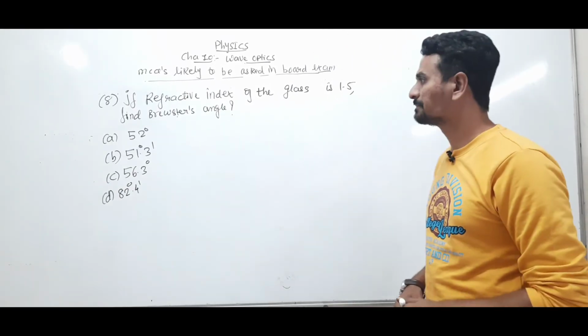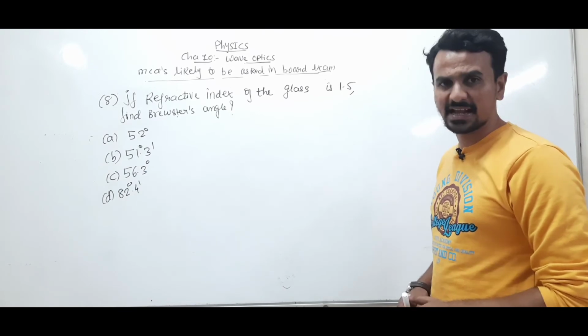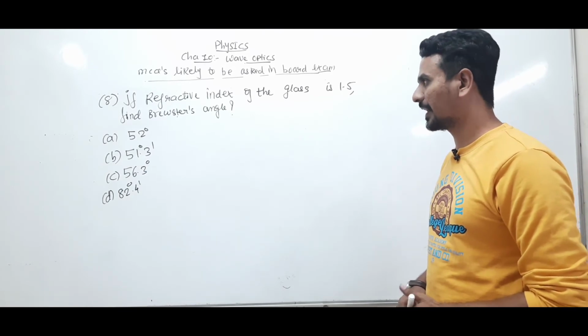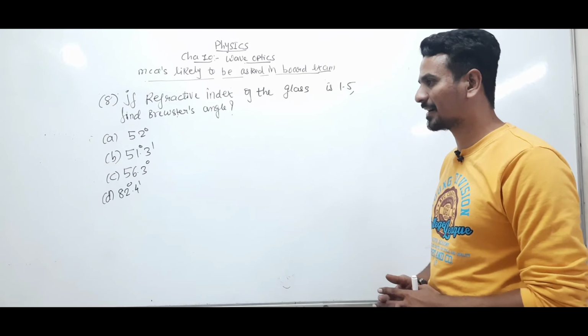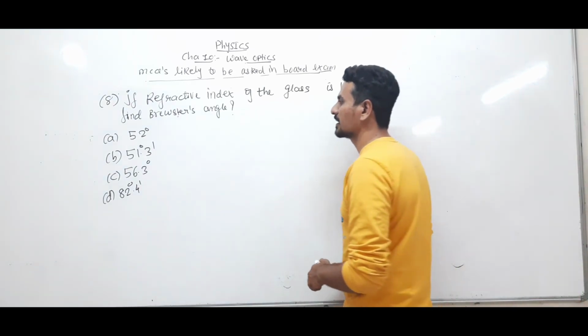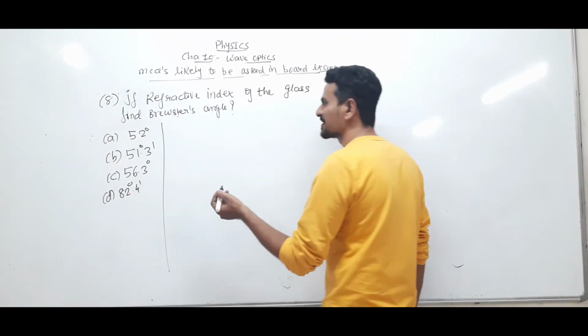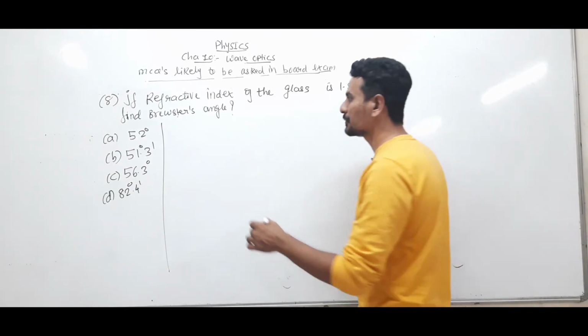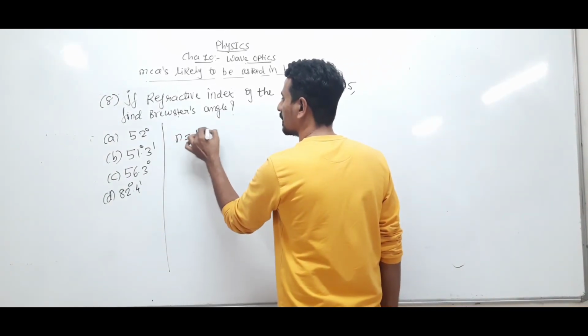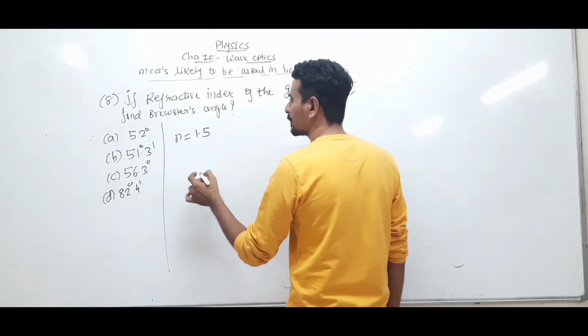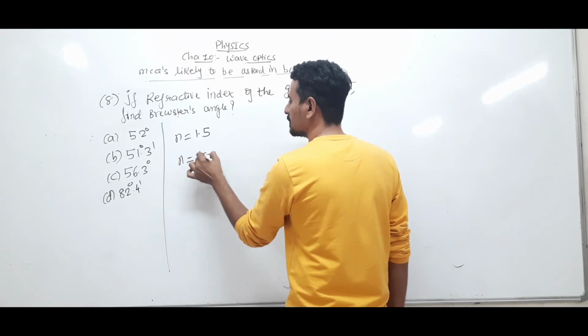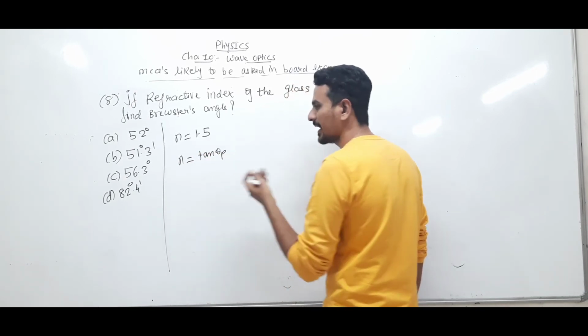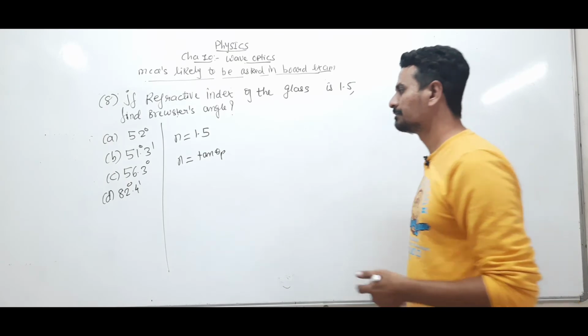The eighth one. If refractive index of glass is 1.5, find Brewster's angle. This is a question from your textbook. This is very easy. N is equal to 1.5. From Brewster's law, N is equal to tan theta p.